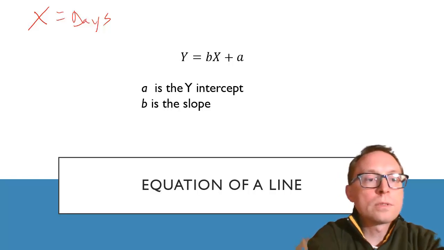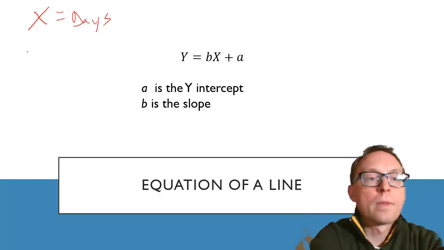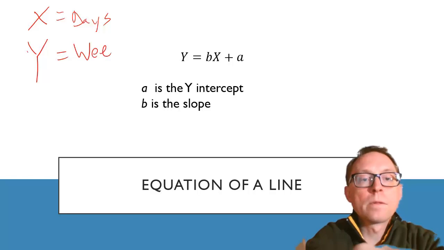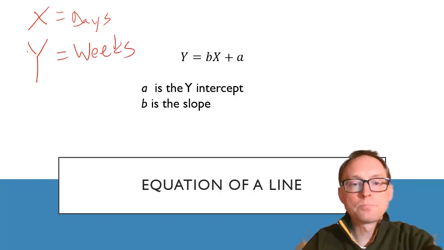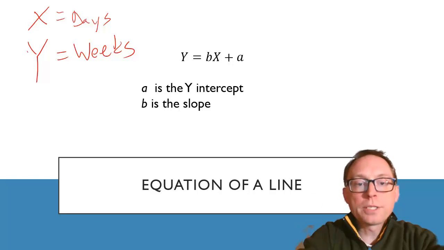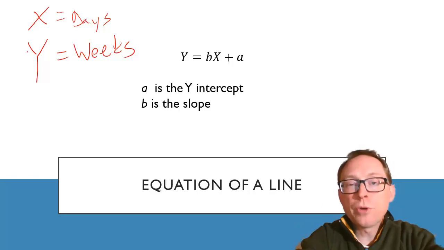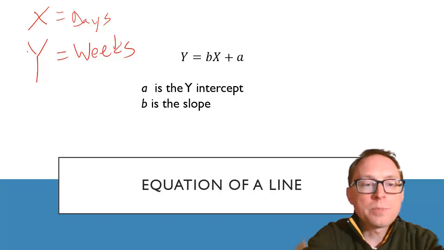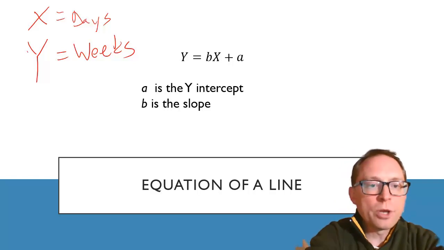Y equals weeks. A is going to be the y-intercept and b is the slope. So when you used to do mx plus b, m was the slope. Well, now we're going to call that b. And a is going to be the y-intercept instead of what you normally called b in the past. But it's the same basic idea of what you used to do, right?